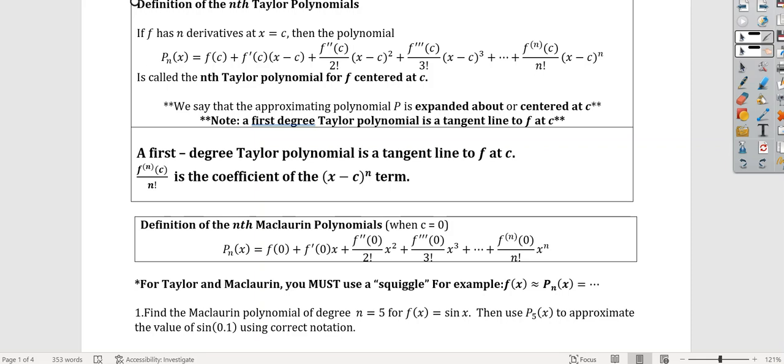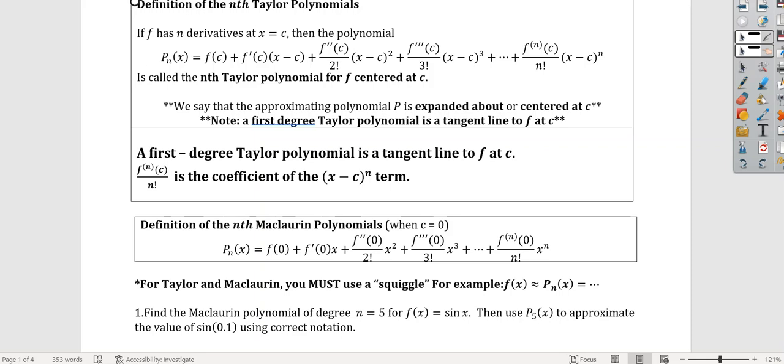What this formula is saying is that you just do f of whatever that number is. You're going to be given some sort of C value. You just do f of that. Okay, that's easy. I just plug that number in. Then I add the first derivative times x minus the center. There's a pattern because this keeps going on and on.